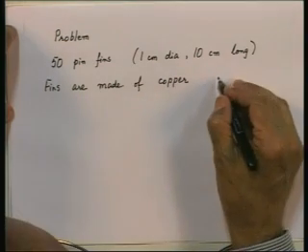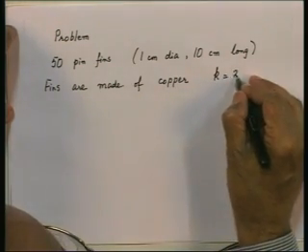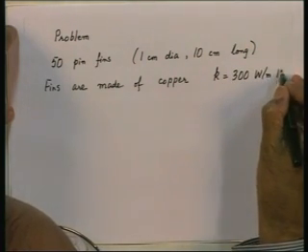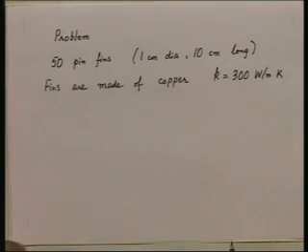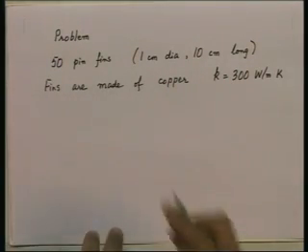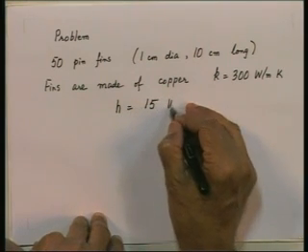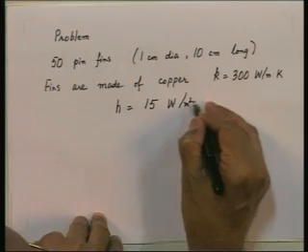Fins are made of copper, K equal to 300 watts per meter Kelvin, a high value of K because it is a metal and that too a fairly pure metal. Value of H at the surface is given to be 15 watts per meter squared Kelvin.